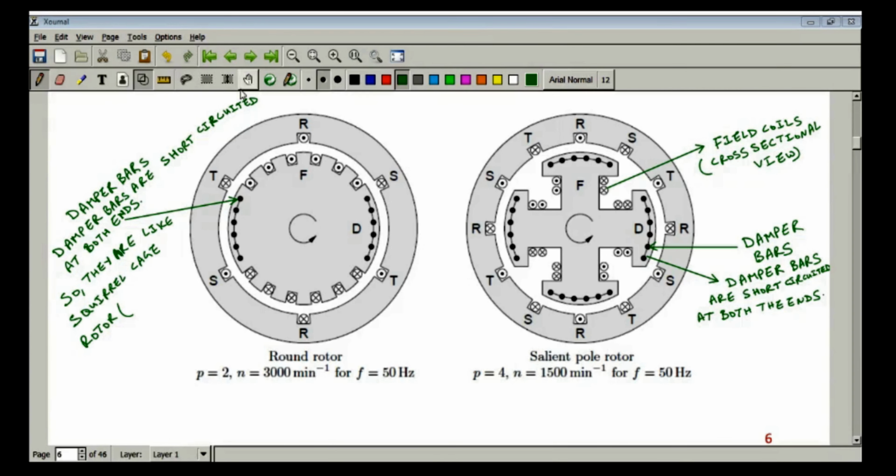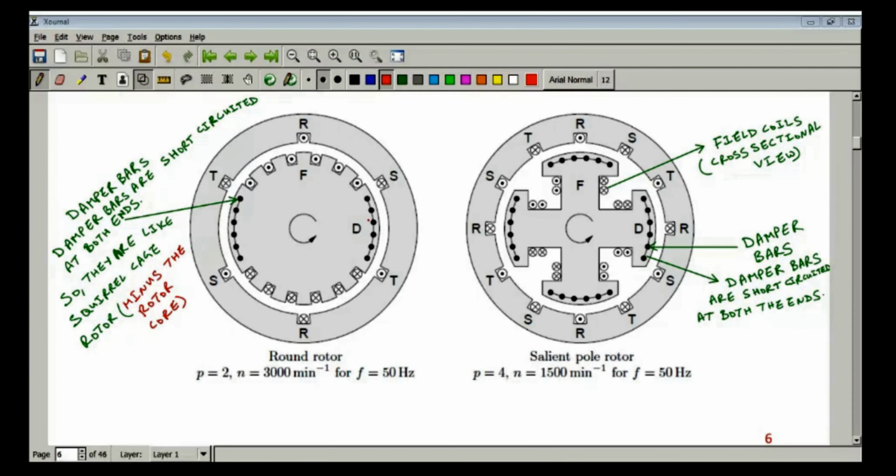Of course, minus the rotor core. Squirrel cage rotor minus the rotor core. That goes without saying. We are meaning that portion only.